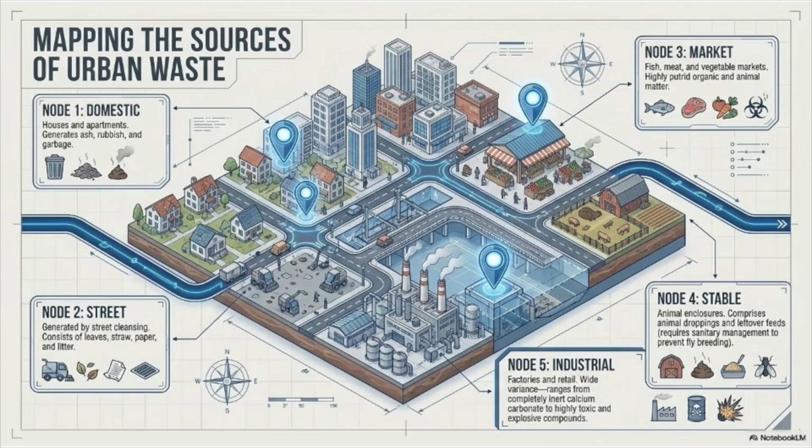Node 4 is stable, referring to animal enclosures, comprising animal droppings and leftover feeds that require sanitary management to prevent fly breeding. Node 5 is industrial, coming from factories and retail, with a wide variance ranging from completely inert calcium carbonate to highly toxic and explosive compounds.